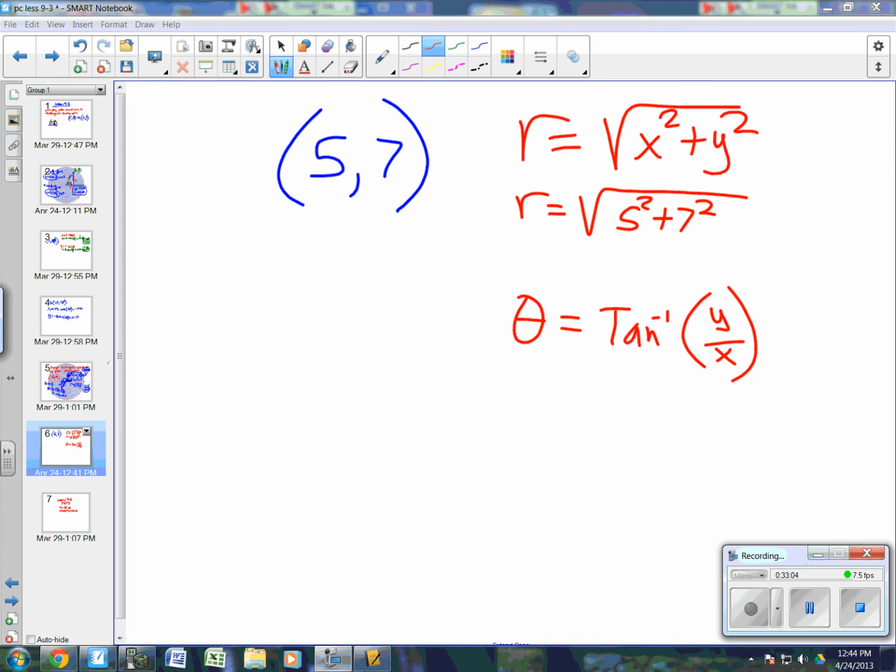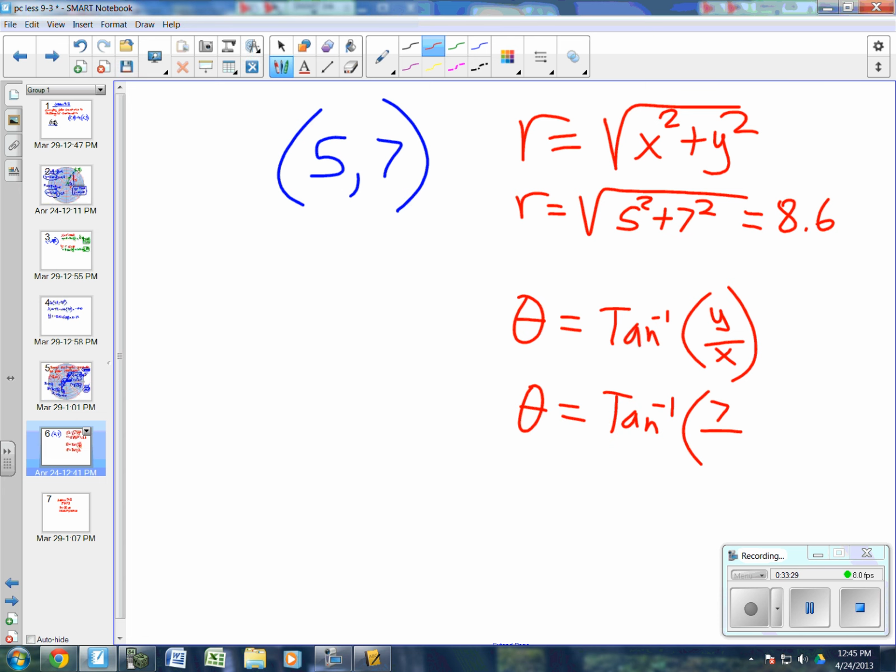So to find r, all I had to do is put 5 in for x, 7 in for y. Type square root of 5 squared plus 7 squared in your calculator. What do you get? 8.6. So r is 8.6. To find theta, all I had to do is take the tangent inverse of y, which is 7, over x, which is 5. So the tangent inverse of 7/5.